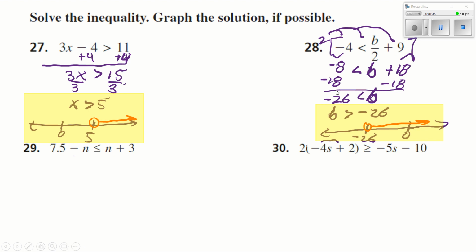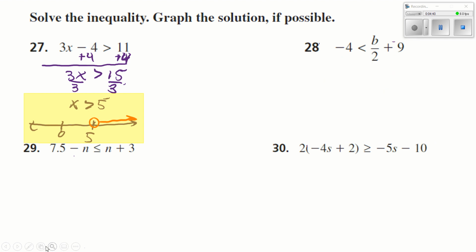This is not what I want you guys to do, so I'm going to go ahead and do the work right here. The rule is we're supposed to do PEMDAS backwards, which means I can subtract 9 from both sides. When I do this, I'm going to get a negative 13 on this side, and that's greater than b over 2.